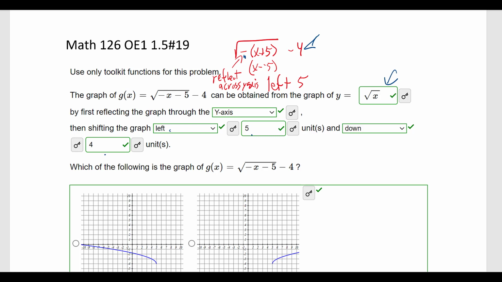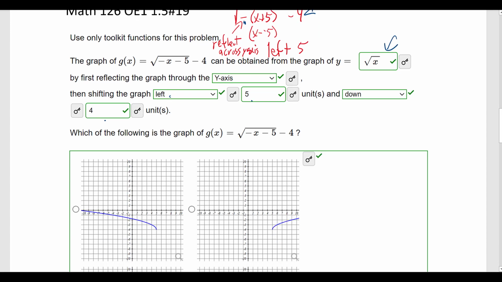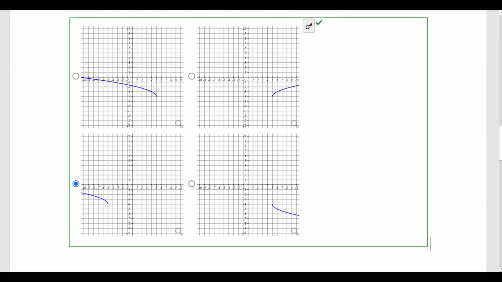And then to find the graph, if we look through this set, it's already been checked off, but something that would have started like this. It's being reflected and then shifted down. So this one is reflected and shifted down. That's it. Hope that helps.